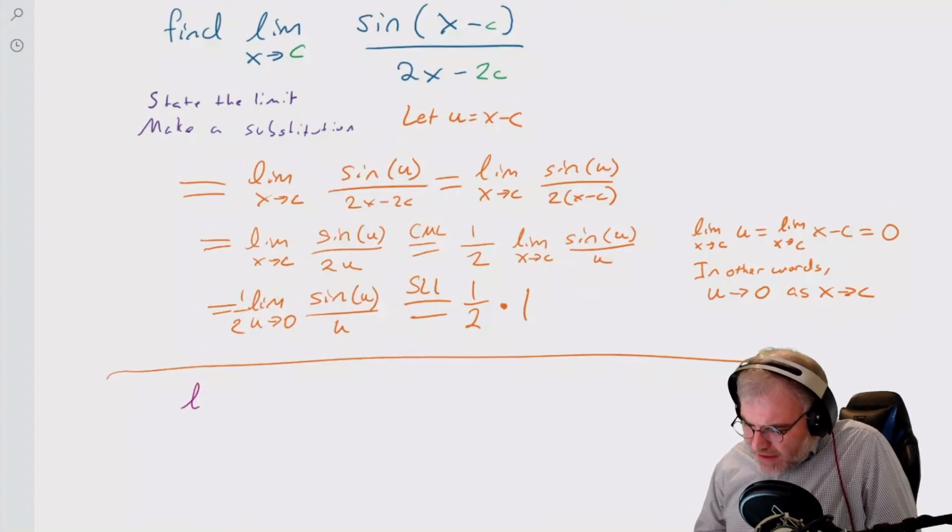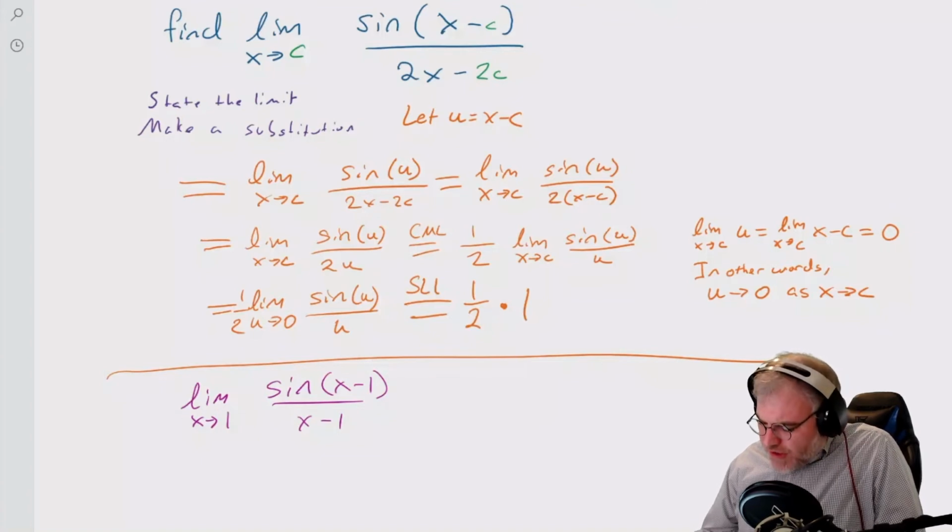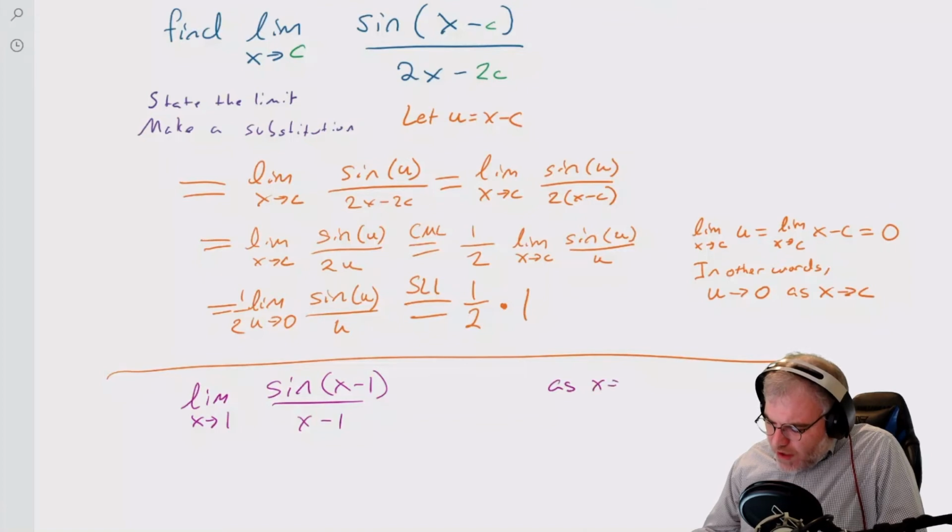If I had the limit as x goes to 1 of sine of x minus 1 over x minus 1, it's rather obvious what's going to happen here. The only thing I have to change is this. As x goes to 1, x minus 1 goes to 0.